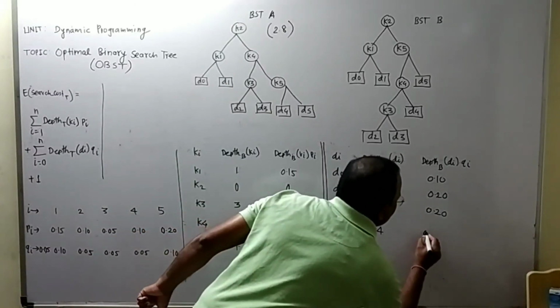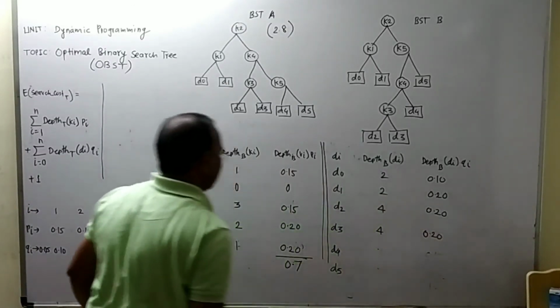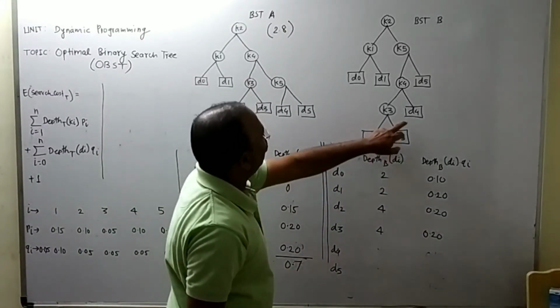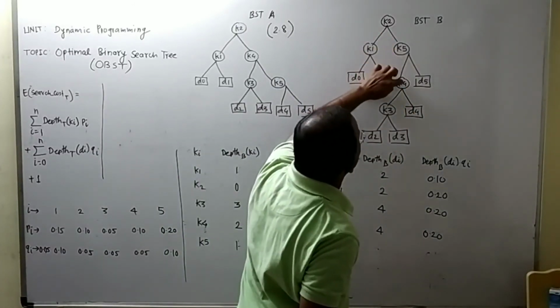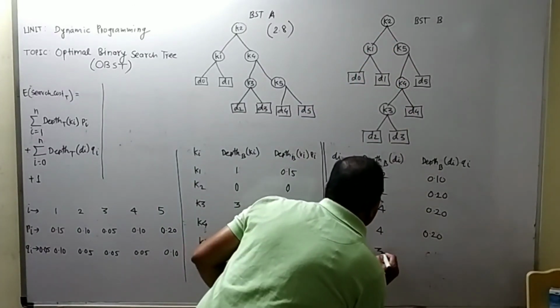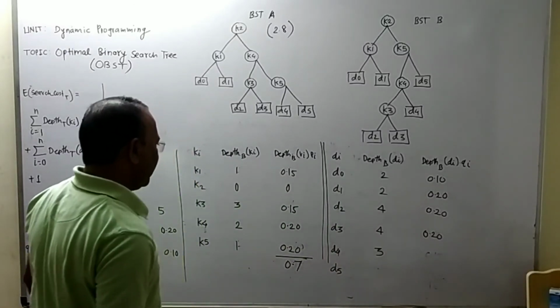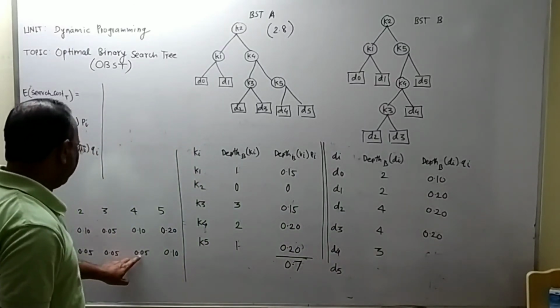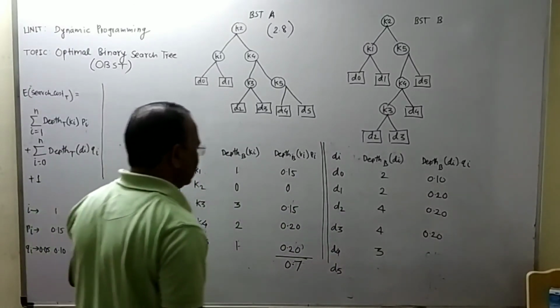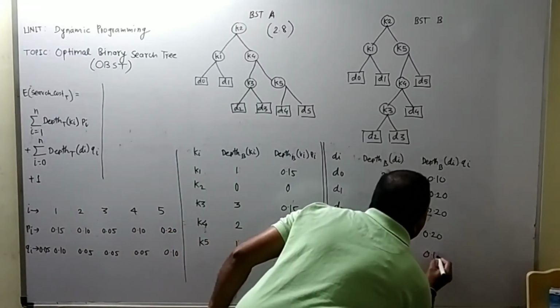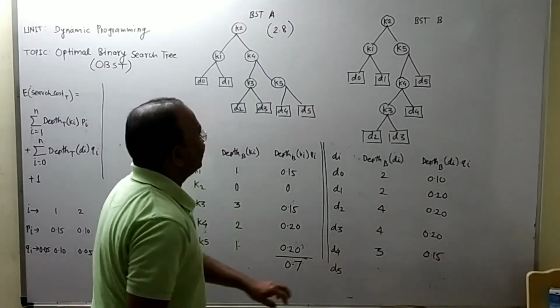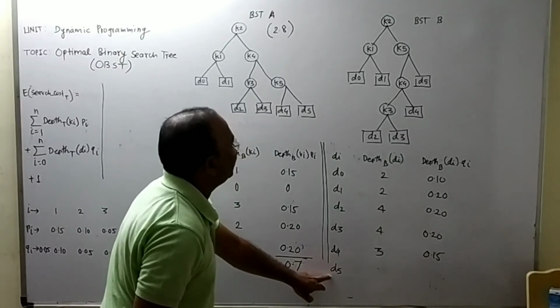It gives 0.20. Then the depth of D4 is 0, 1, 2, 3. So multiply this with 0.05, that is 0.15. Then find out the depth of D5.